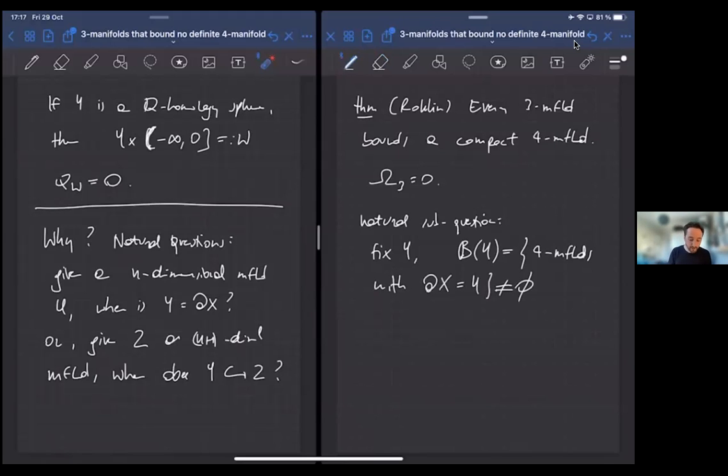And one thing that you can wonder is, well, what are the minimizers of some complexity function on four manifolds within this class?